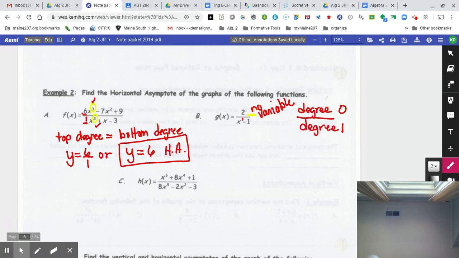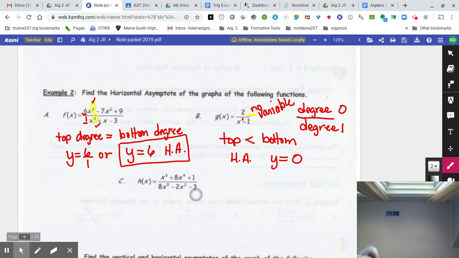Since the top is smaller than the bottom, your horizontal asymptote is always a set number at y equals 0.